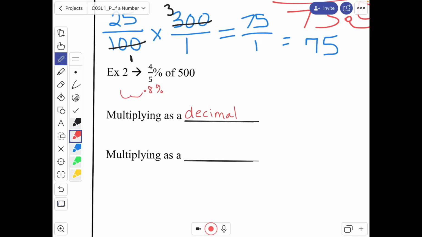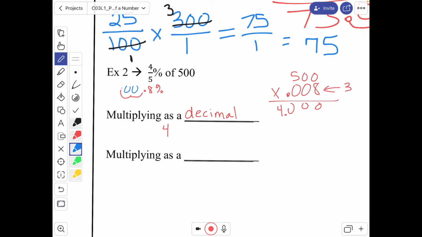So that would be 0.008 because I moved it 2 spaces times 500. And then since we have 3 spaces behind the decimal, I'm going to need 3 in my answer. So this would equal 4.